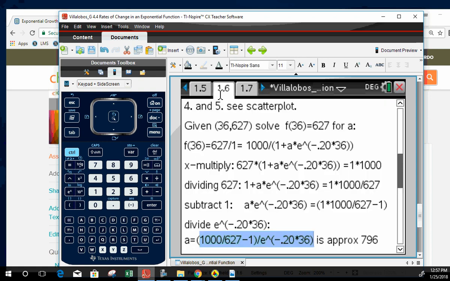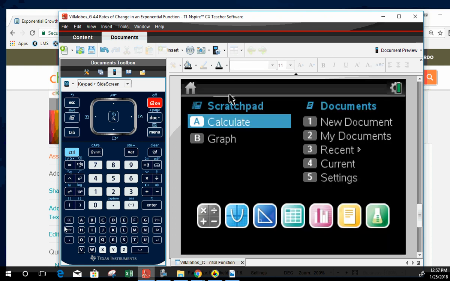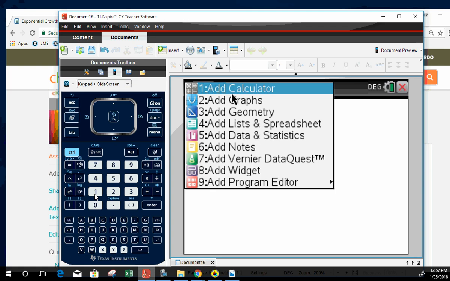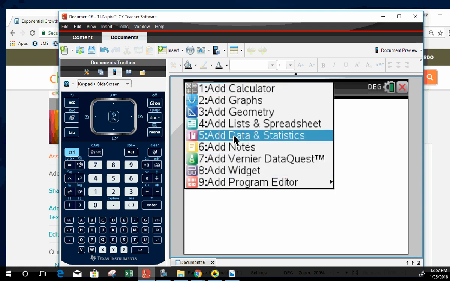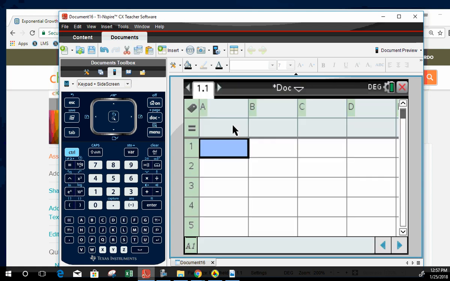Okay, now today, let's move on to a different one. Let's save this. Control S, saving. And now, let's go to a new document, document 1. Add a spreadsheet this time.